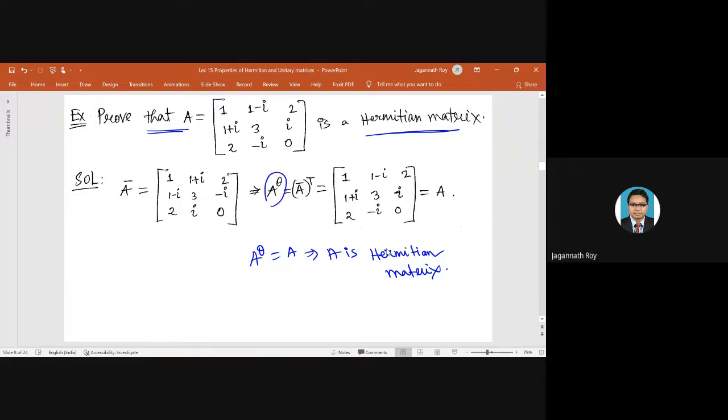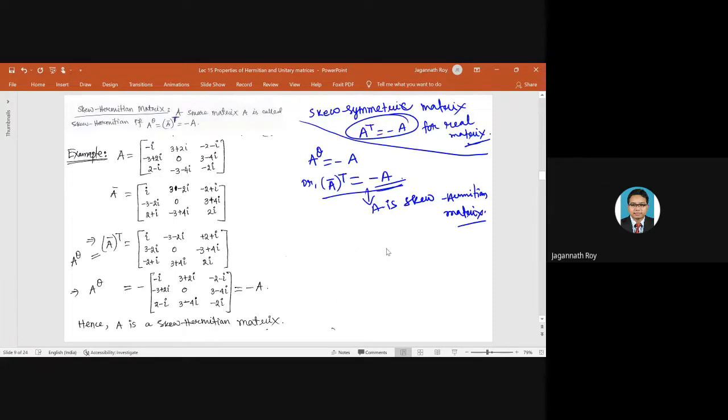We have to show A theta equals A. So we'll do these operations, and if we can show that this relation holds, then we can call it a Hermitian matrix. These are easy tasks. Though these are named complex matrices, their properties are not so complex. They are very similar to the properties that we have studied earlier.